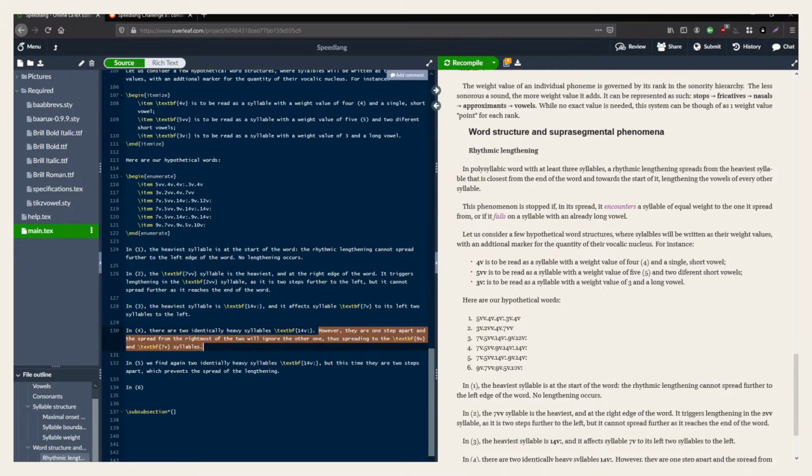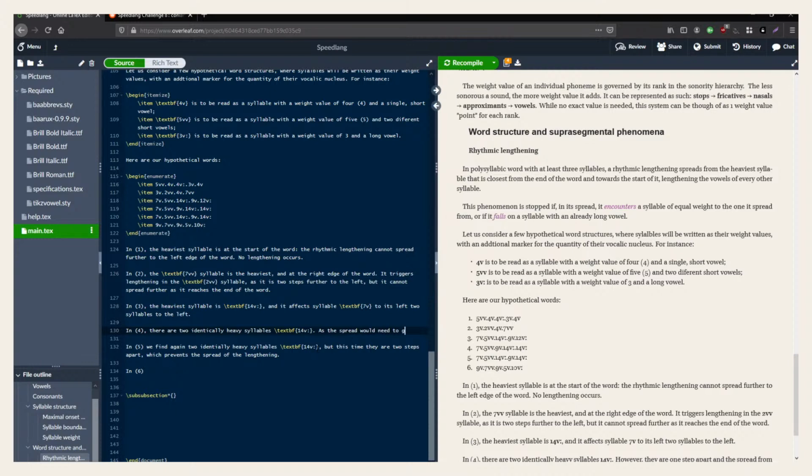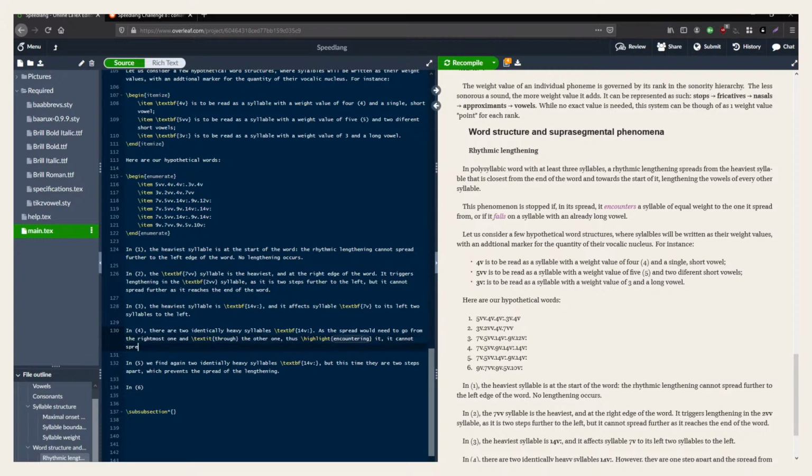As the spread would need to go from the rightmost one through the other one, thus encountering it, it cannot spread.